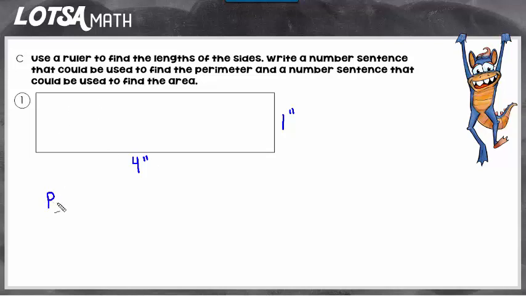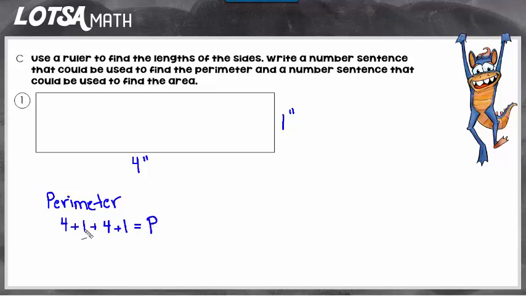We'll start with perimeter. Remember, the perimeter is the distance around the edge. So one way to find the perimeter would be to do 4 plus 1 plus 4 plus 1 equals, and we'll put a P for perimeter.